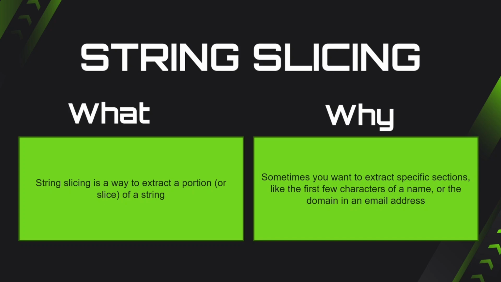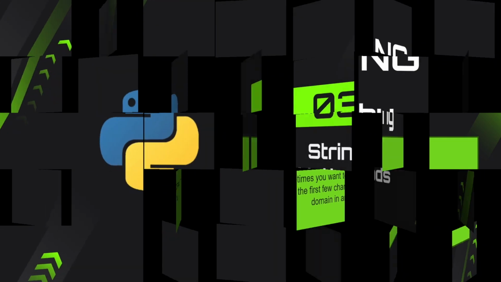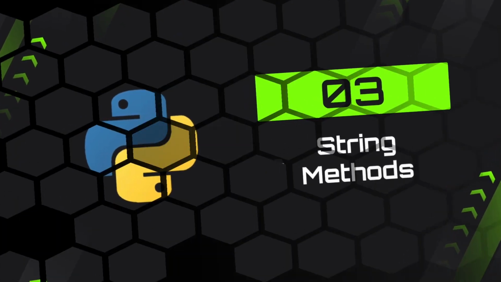For example, that has a cherry on top of it. You like cherry, so you slice that part out of the whole cake. This is very similar to that concept. From the whole string, you just extract the part you need. And it is very useful if you want to extract a domain or an email address, a few characters from that. Then we have string methods.